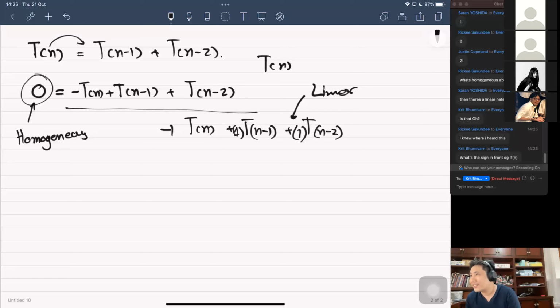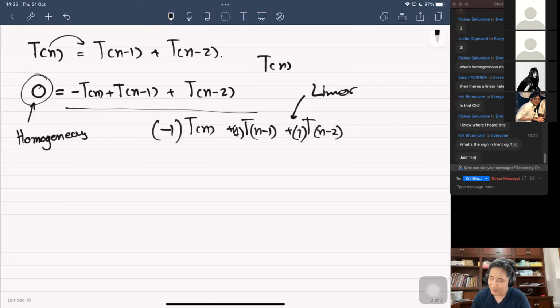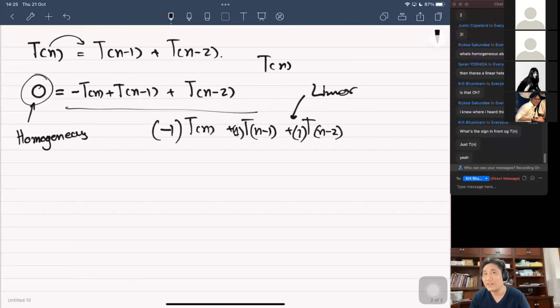What's the sign in front of Tn? It's minus 1, because I want to show you that it's some constant times that.